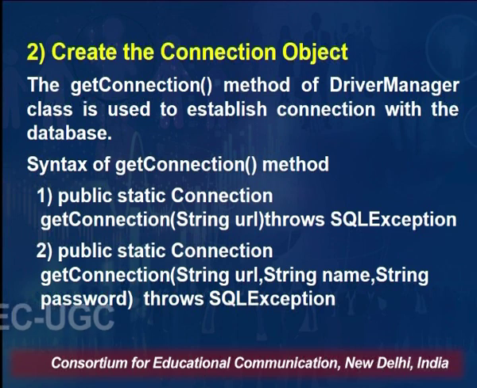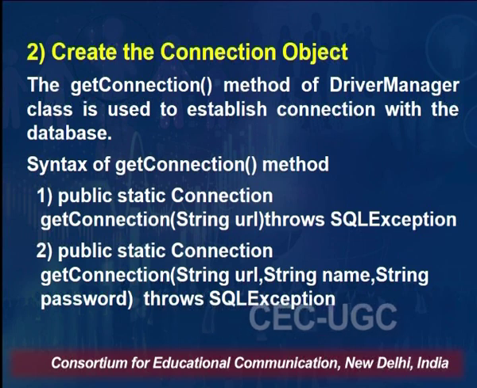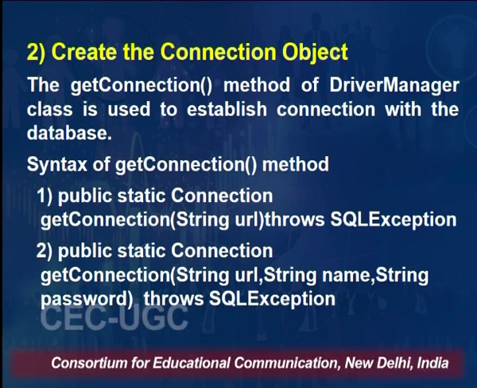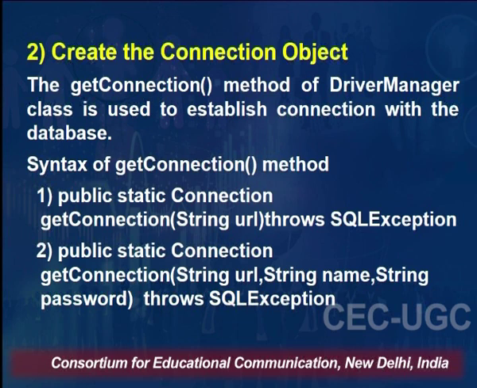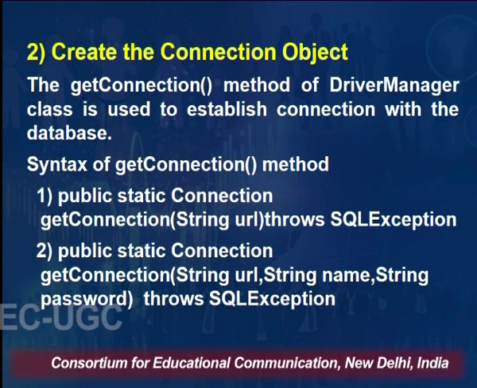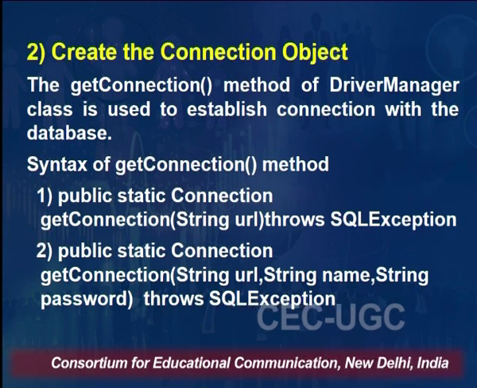One is public static Connection. Connection here is the return type of this getConnection method. So, public static Connection getConnection, in the brackets we will be passing the URL in the form of a string, throws SQLException.